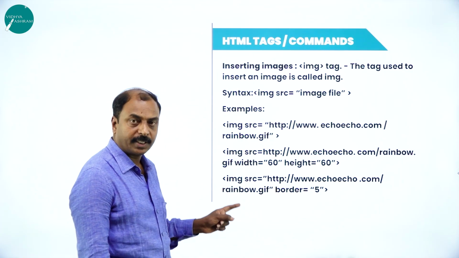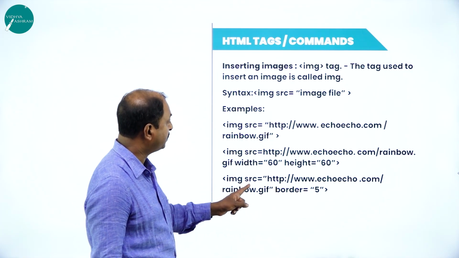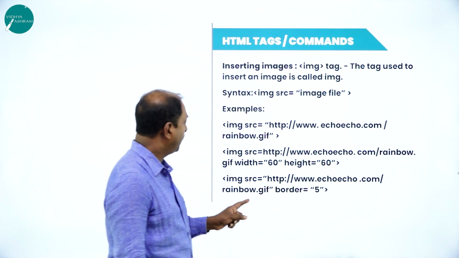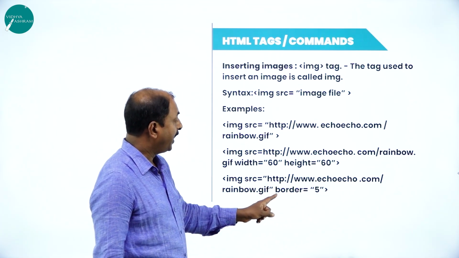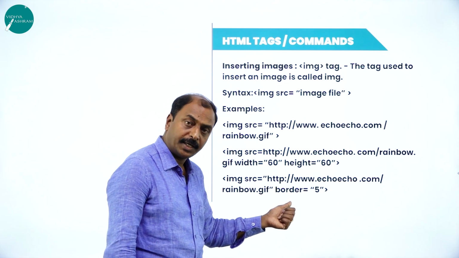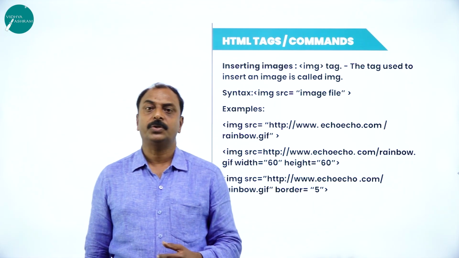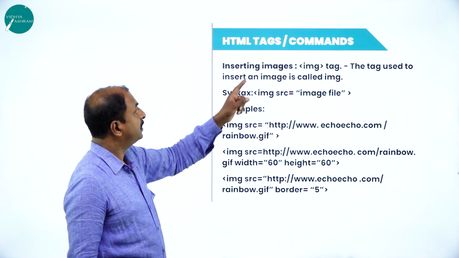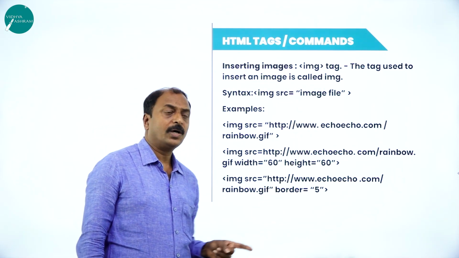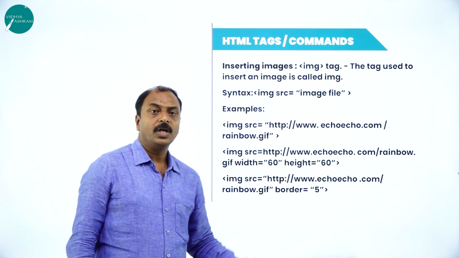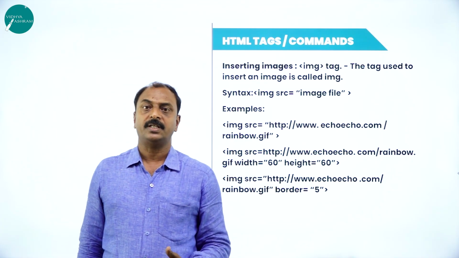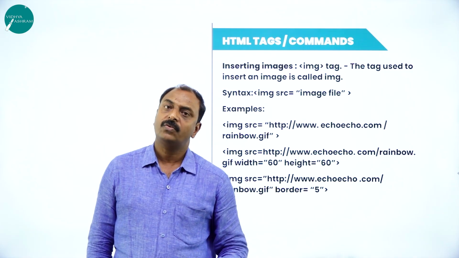And look at one more example here: img src, and this is the address, same rainbow.jpg, and we are using one more attribute, border equal to 5. This is the border for the particular image. So this is an img tag along with different attributes. So img tag is used to insert images into our web page.